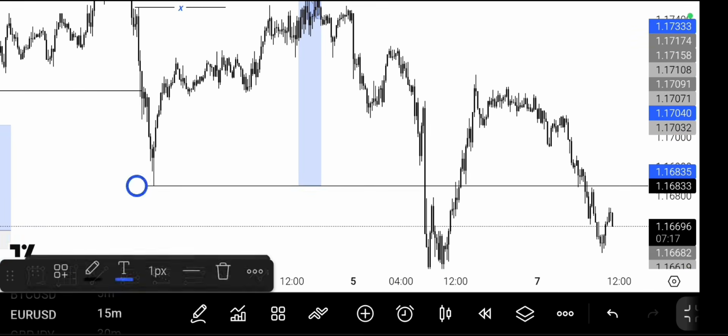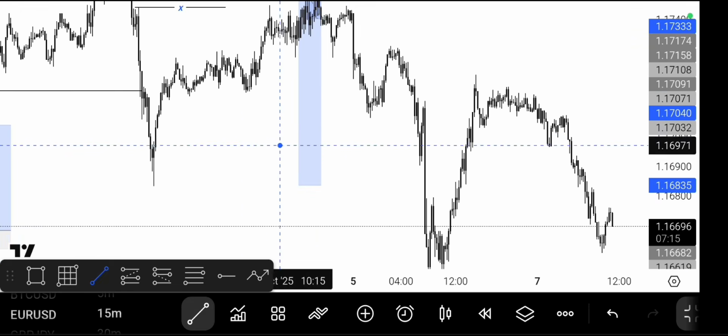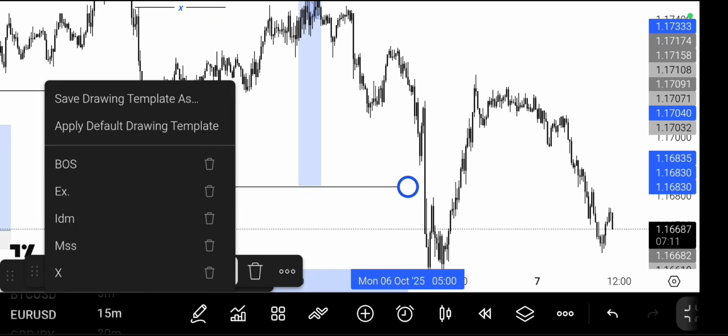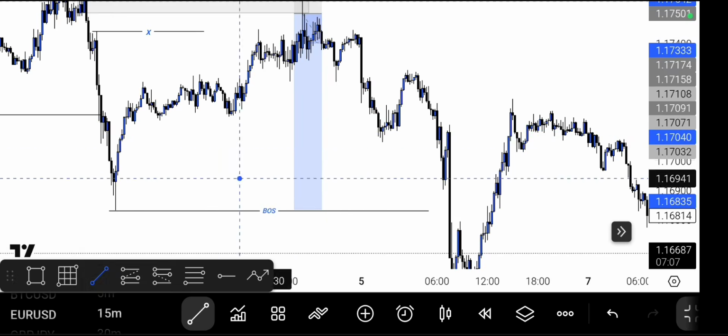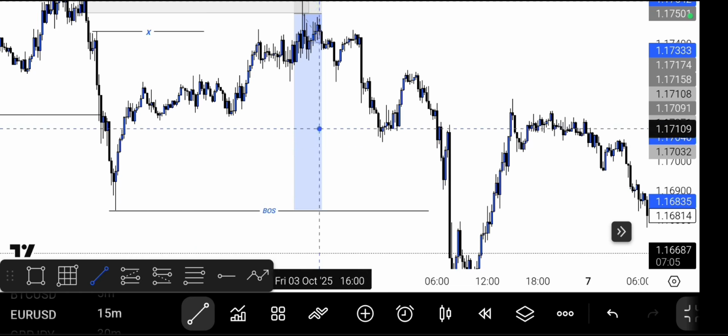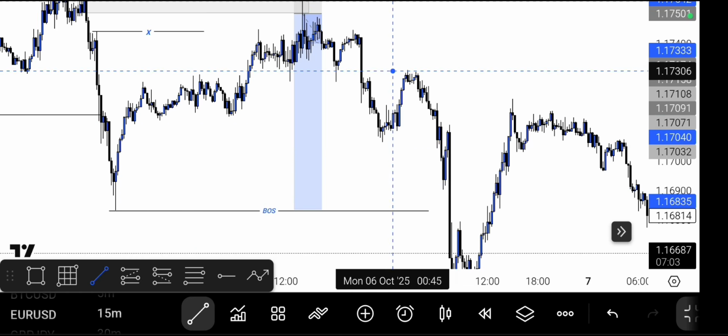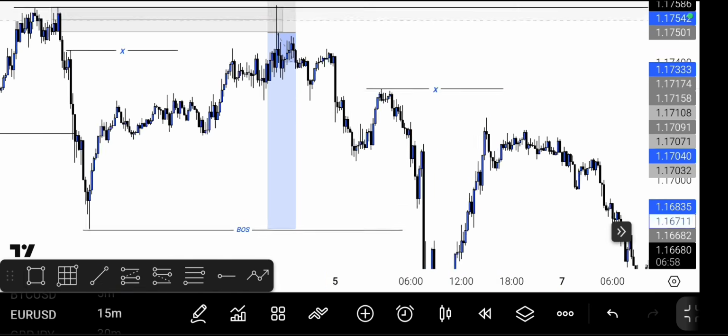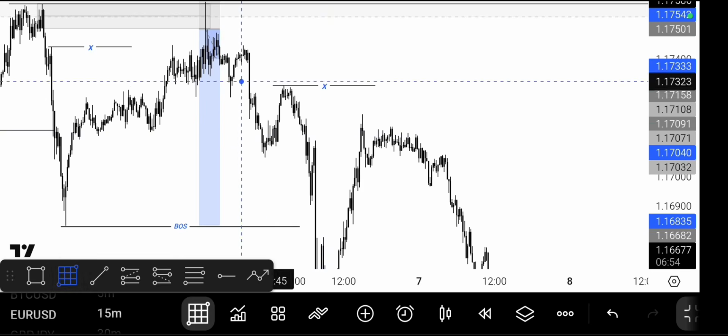So moving forward, we have a break of structure still. This is a pile up liquidity, we have our order block sitting around here.